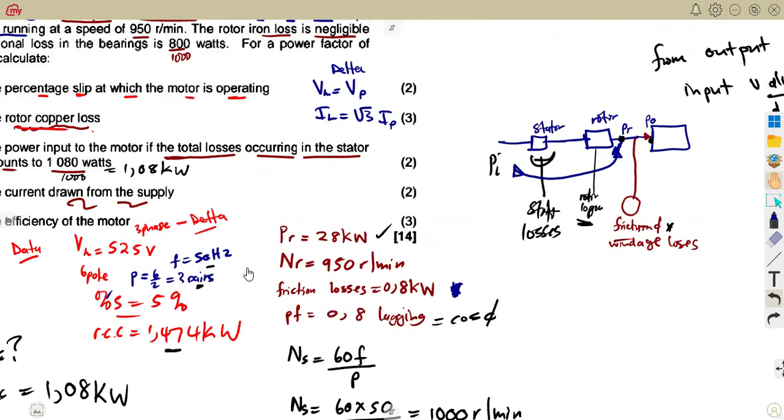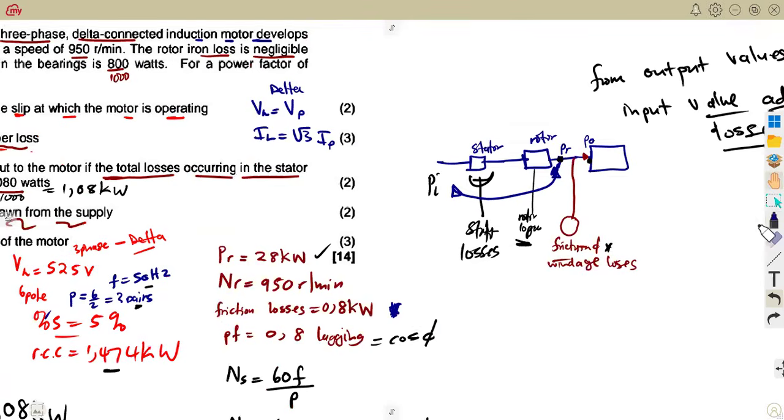But if we check properly here, between that rotor here and the output, there is a loss which is there in between, friction and windage losses. Are we given those? If we are not given those, it means the rotor output becomes your output. But in this case, we cannot do that because we have them.